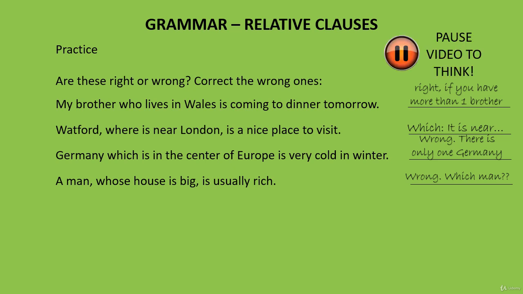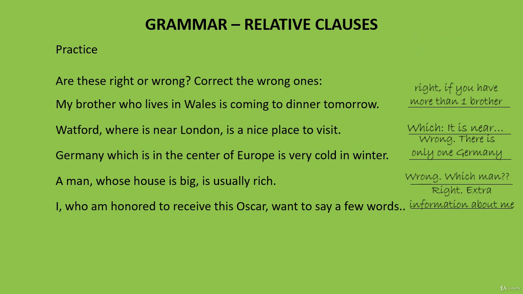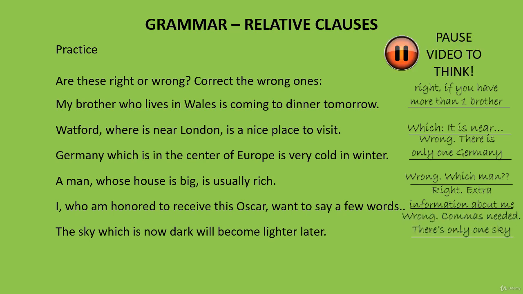Here we are specifying which type of man. A man whose house is big is usually rich, so there are no commas. This is right. It's extra information about me. This is wrong. We need commas because there is only one sky.